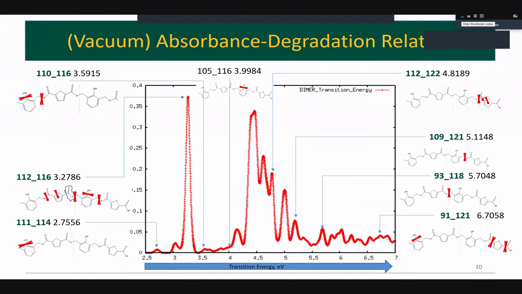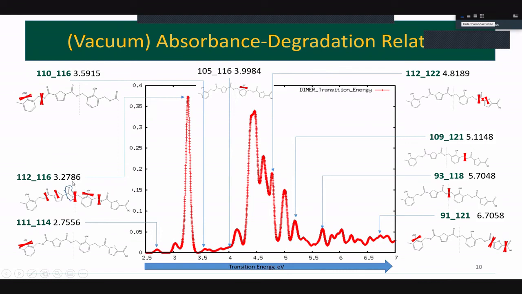There's a possible trend that could be found from this jumping. I know this is a bit cumbersome and maybe difficult to read, so hopefully I can explain it well. The first number, let's say 112, 116, means we had taken an electron from orbital 112 and put it into orbital 116.